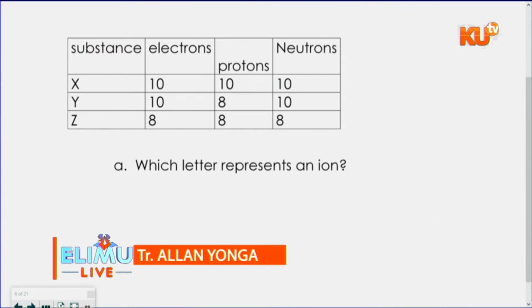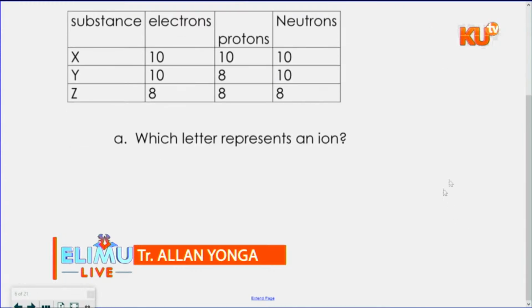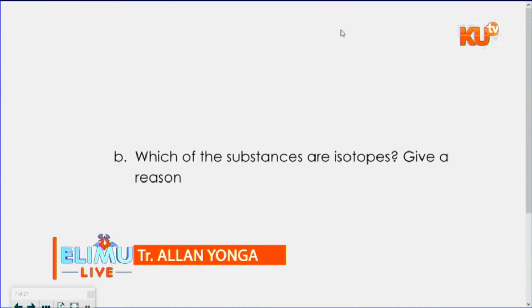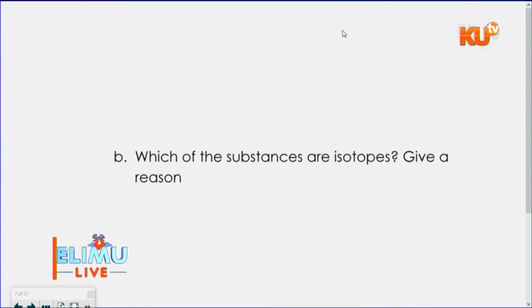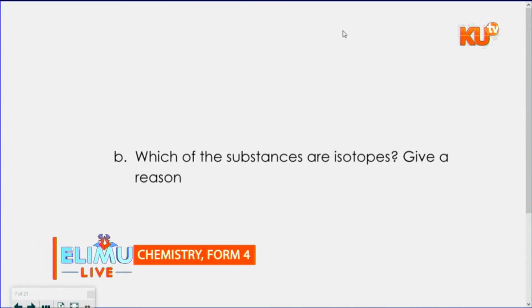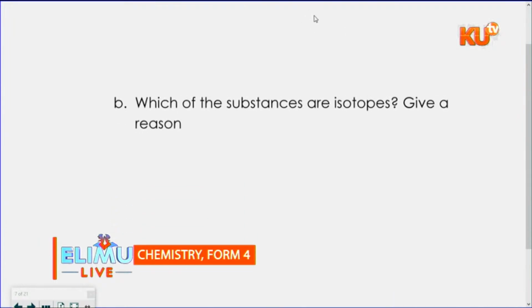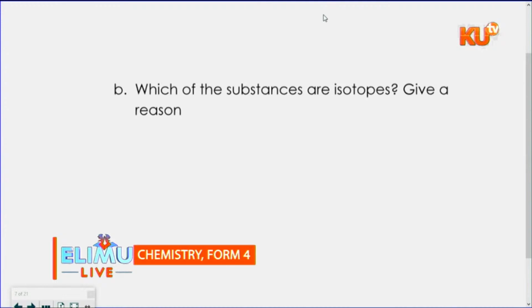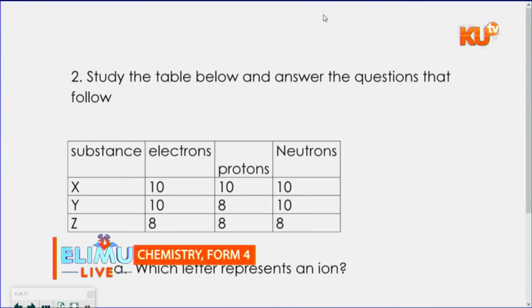Let's move to the next question. We see what it's asking. Which of the substances are isotopes? Give a reason. If I take you back to the table, we check. We know that isotopes are atoms with the same atomic number but different mass number.